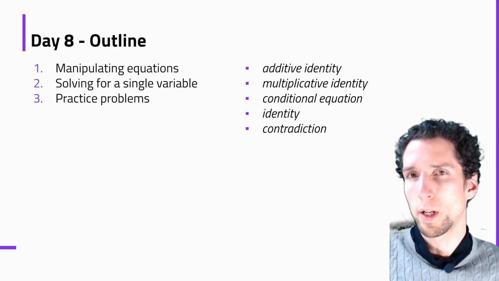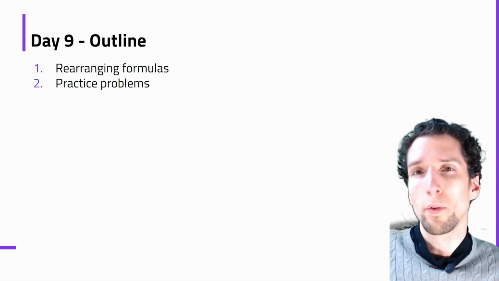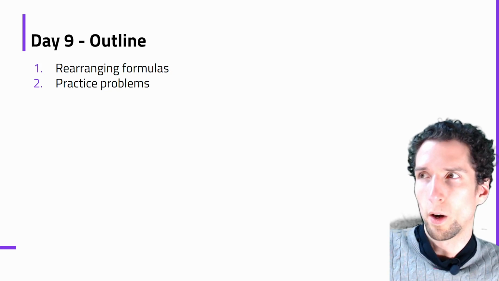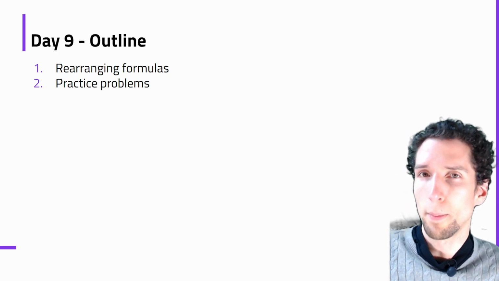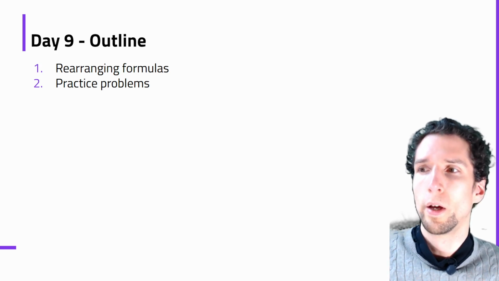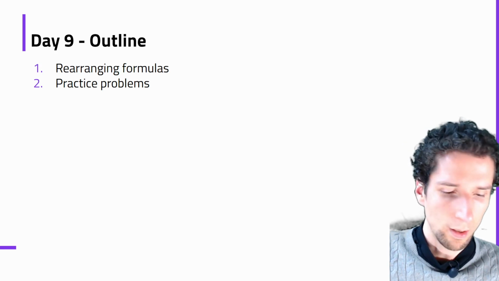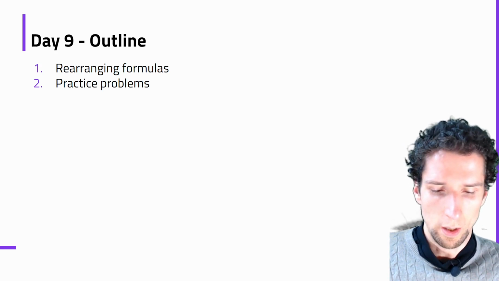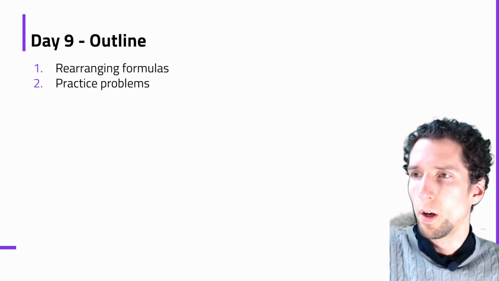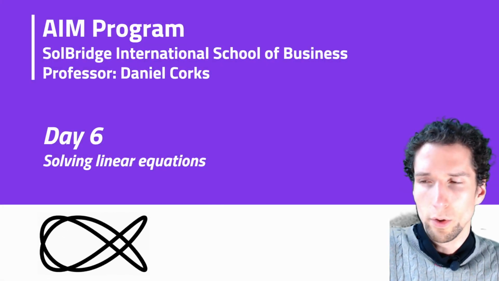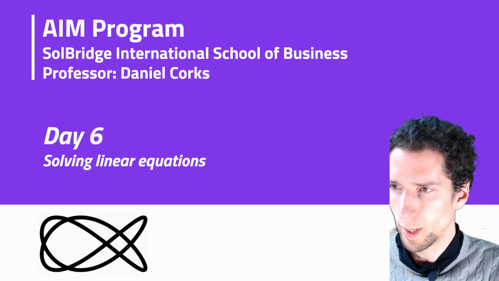We'll continue this in the next video, talking about rearranging formulas where we don't have many or perhaps any actual numbers. It's all just variables, and practice rearranging and solving for a particular variable within a formula or a larger equation. And then the problem I showed you at the very beginning of today, we'll get back to that one.